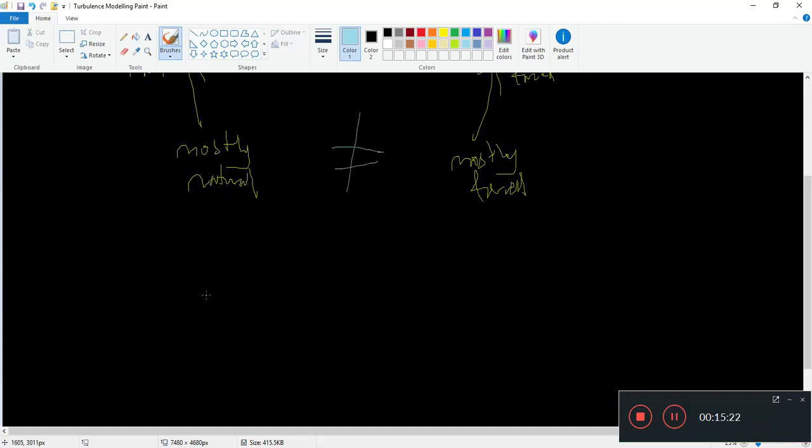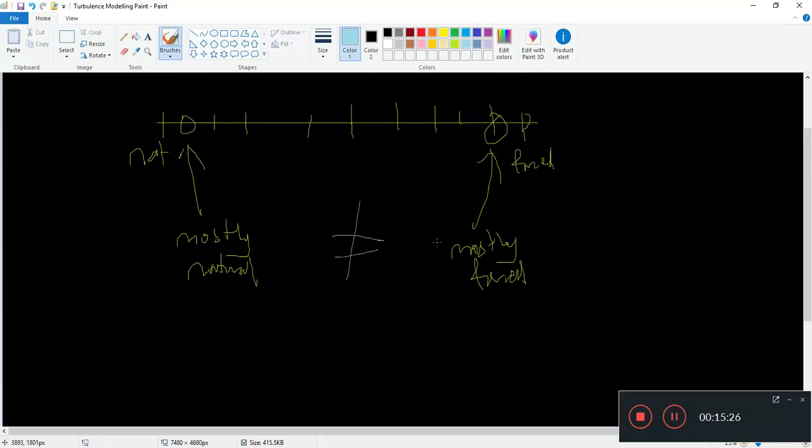Well, there are two very important numbers for natural convection and forced convection. For natural convection it is the Grashof number. For forced convection we have the Reynolds number.